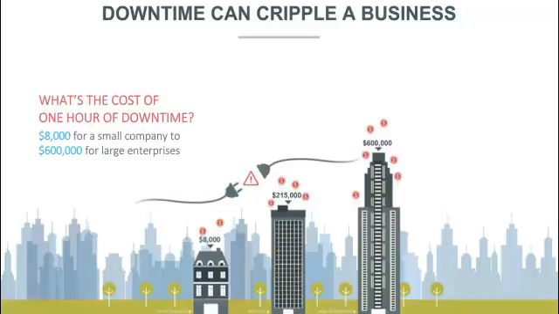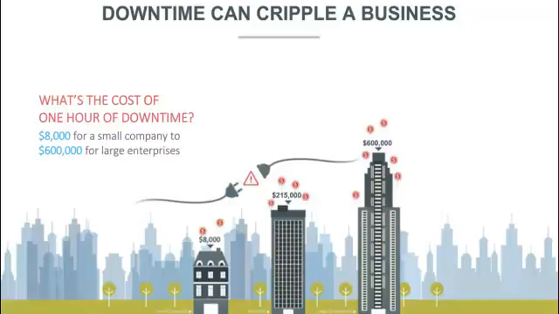For a small business, maybe it's only $8,000 an hour, whether it's lost revenues or lost productivity or whatever. But as you get into medium enterprise, mid-market, then to large organizations, it can get over $500,000 an hour anytime something's down. So this definitely has real potential impact on revenues and profits.